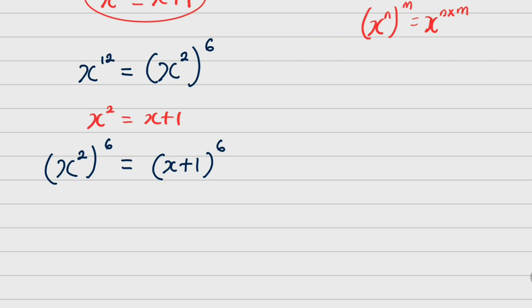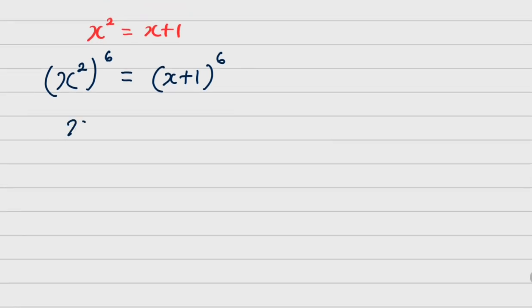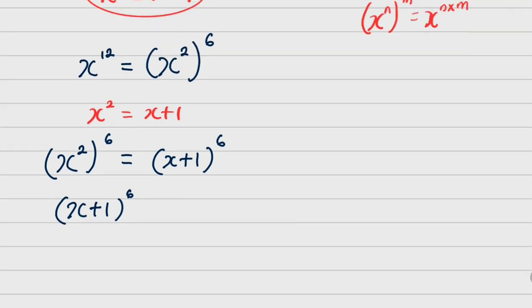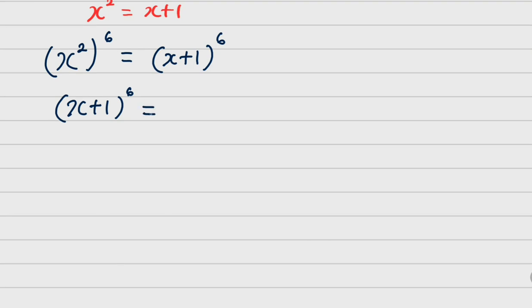Now, again, we are simplifying. Having (x plus 1) all raised to power 6, from our indices law, do you know I can write this as ((x plus 1) all raised to power 2) all raised to power 3? Yes.